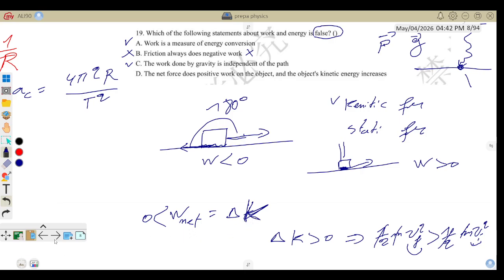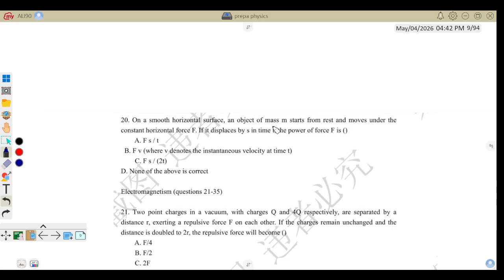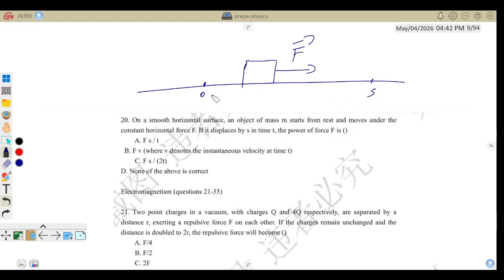For the final question for this video, we have here: on a smooth horizontal surface, an object of mass m starts from rest and moves under the constant horizontal force F. We are pulling this object with the constant force F. If it's displaced by S, that means this whole path is S. Delta T is this T. The power of the force F is, which one is correct from this list?